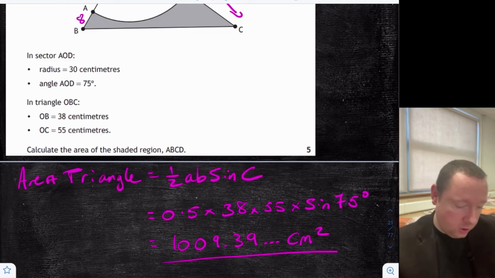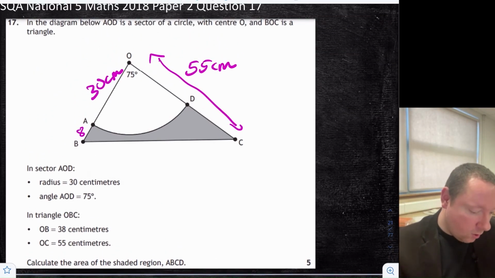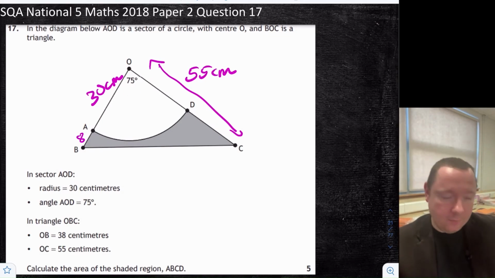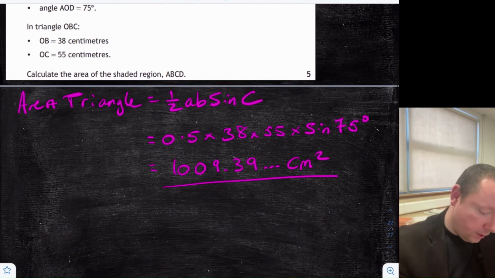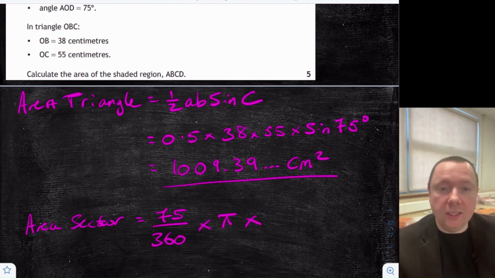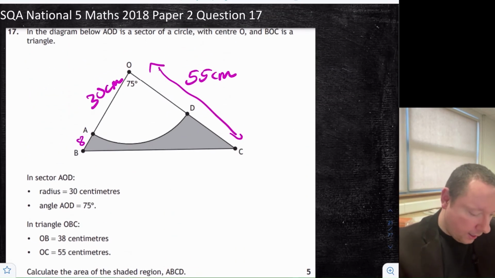You now need to do your sector, so let's go back to our sector work. So we've got angle out of 360 times pi times r squared. So let's write that. Area of sector is our angle out of 360 times pi times, and we need to identify our radius, so let's go back up.